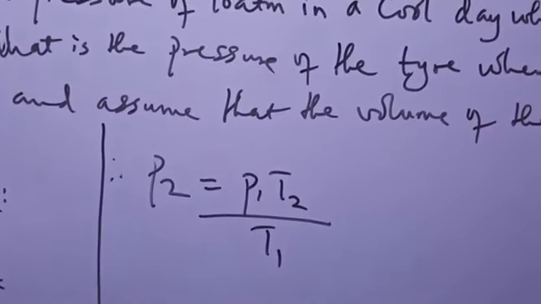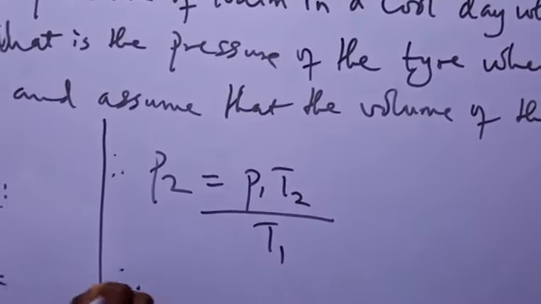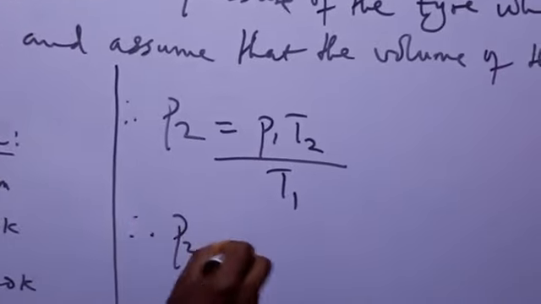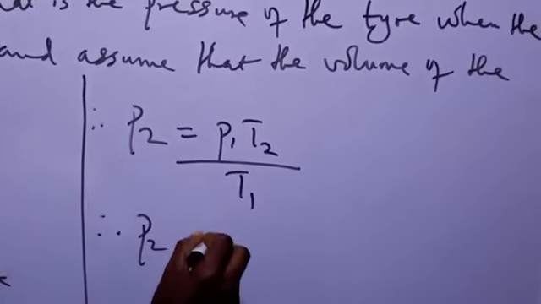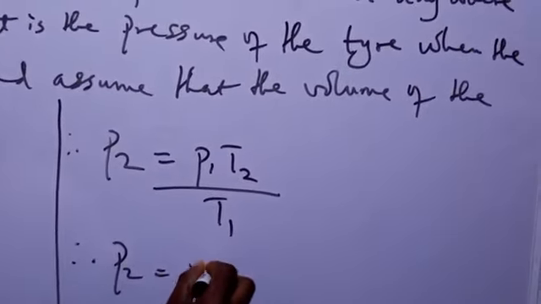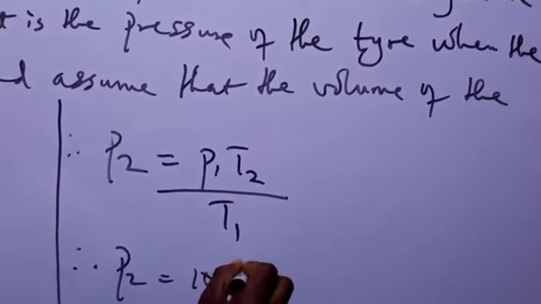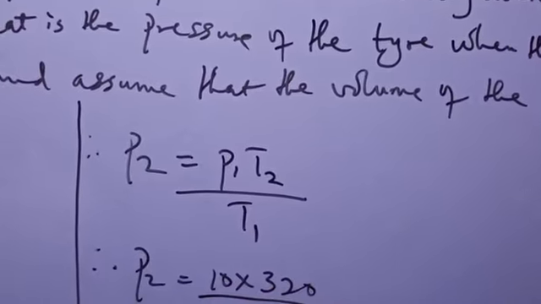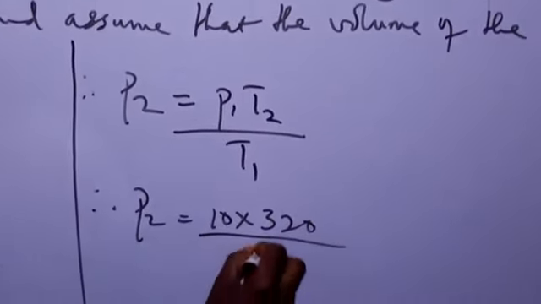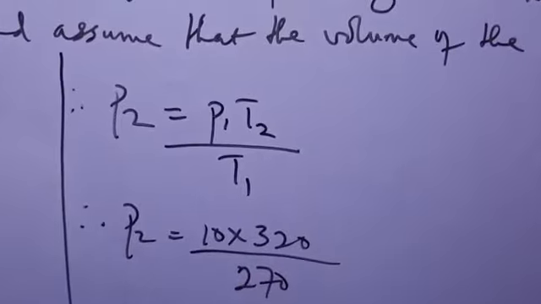Substituting the values, P1 is 10 multiplied by T2, which is 320, divided by T1, which is 270 Kelvin.